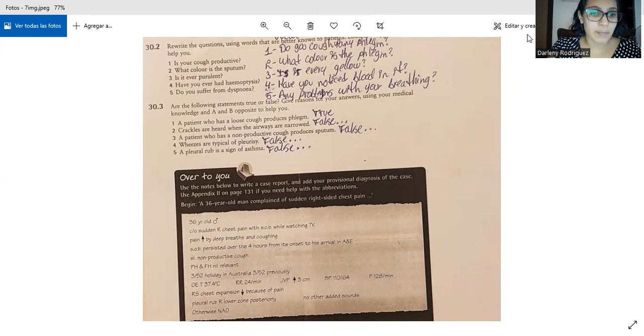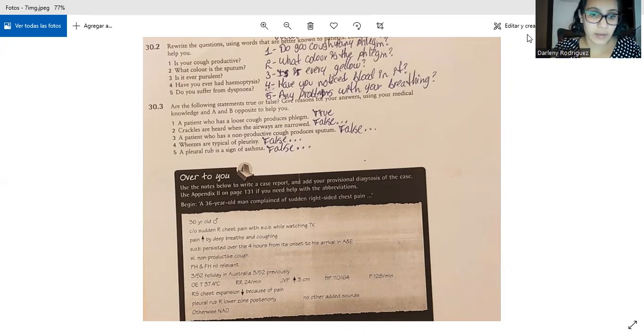Number 3. A patient who has a non-productive cough produces sputum. False. A cough may be non-productive where there is no sputum. Number 4.